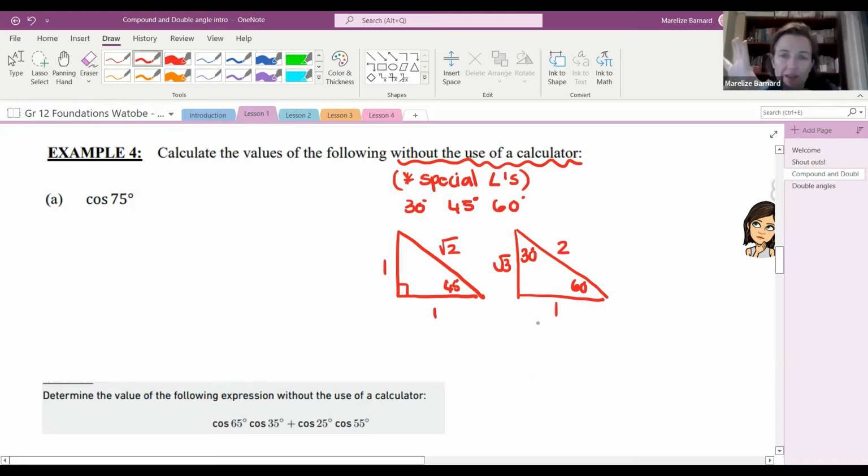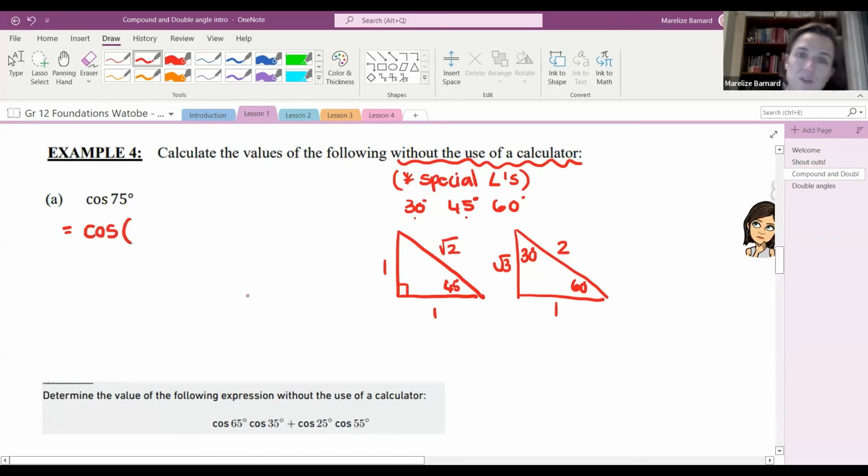So we've got that. Special angles. Why? Because it says without the use of a calculator. Now, obviously, 75 is not a special angle, but we can make a plan to write it as a compound angle using special angles. And I'm sure you guys can spot it already, that 30 plus 45 gives me 75.